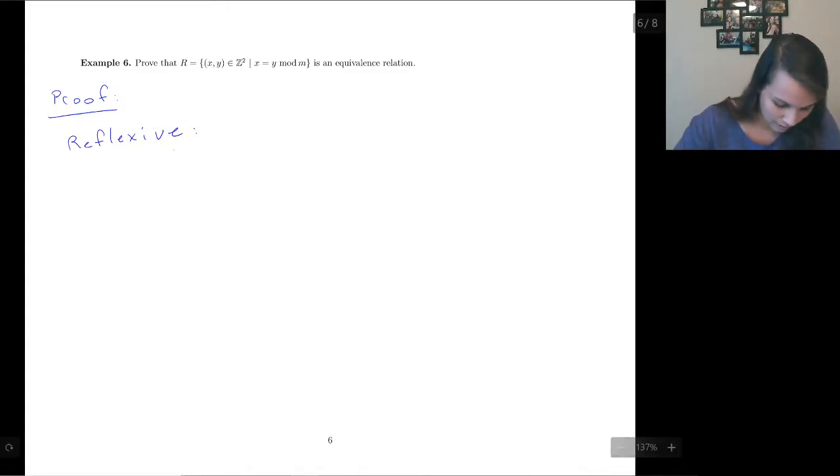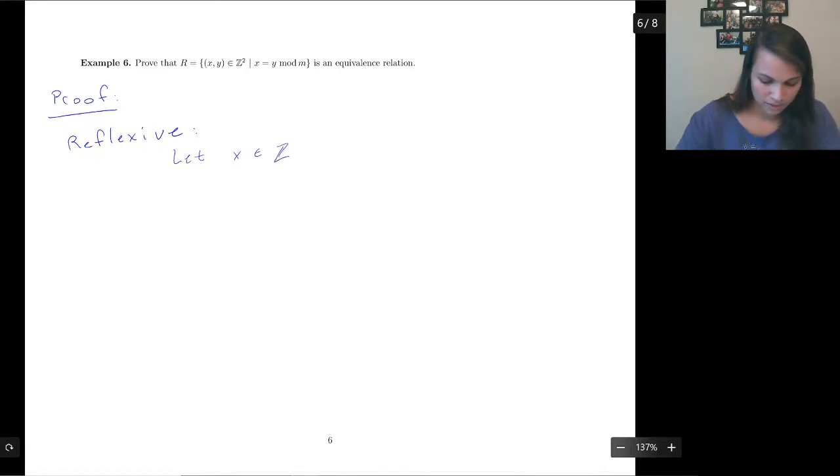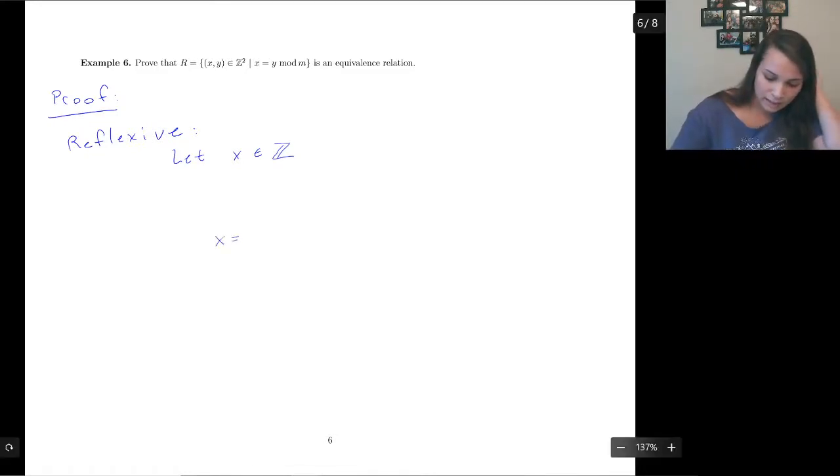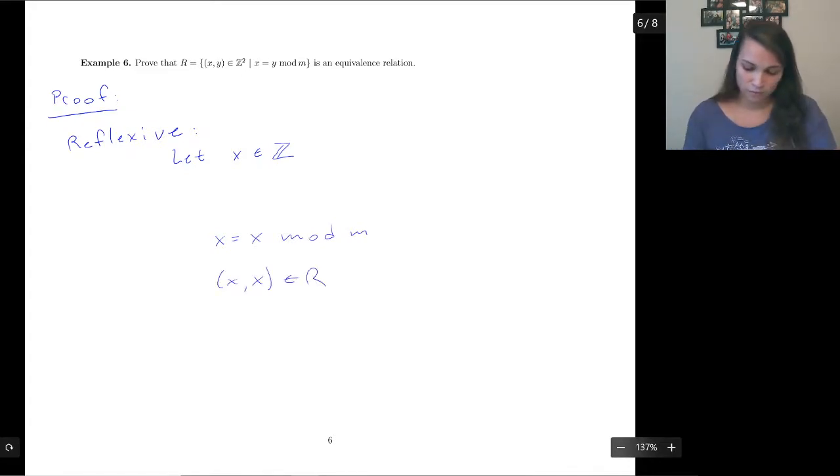So let x be an element of Z. What we know is that 0 is divisible by anything. Remember, the goal is to get x equals x mod m. That way we can say that (x, x) is an element of R.